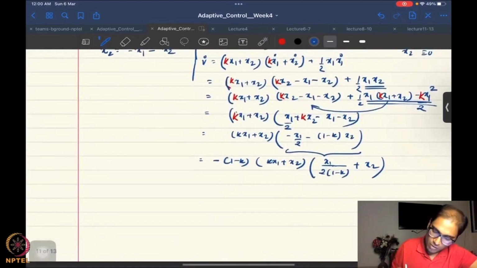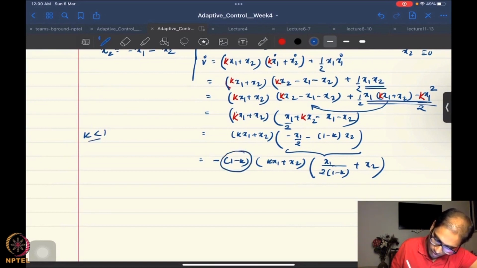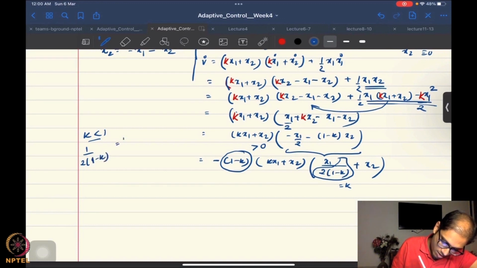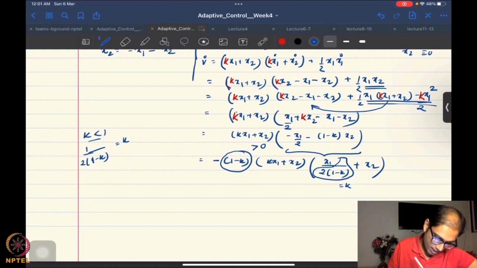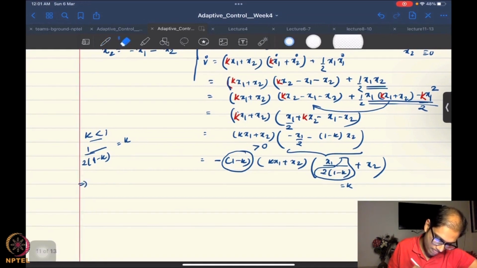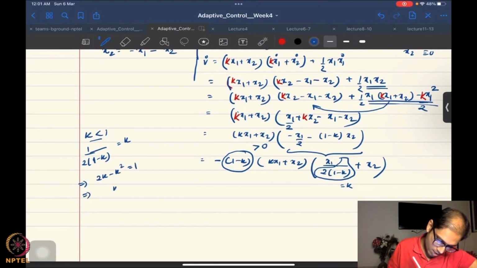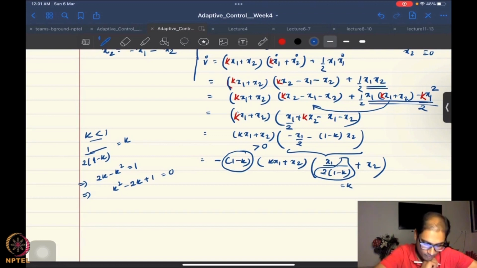And all I now need is that k be less than 1 so that this is positive, and I need this quantity to be equal to k. So I want 1 over 2 times 1 minus k equal to k. If I can satisfy these two, this is simply 2k minus k squared equal to 1, which implies k squared minus 2k plus 1 equal to 0.